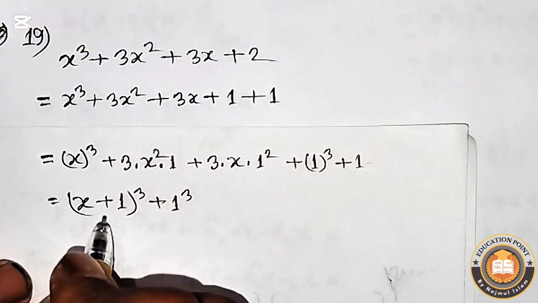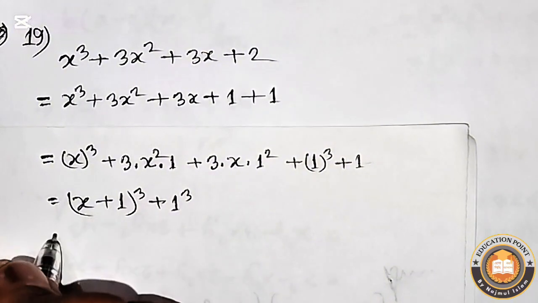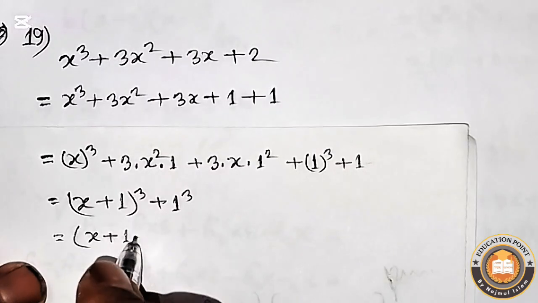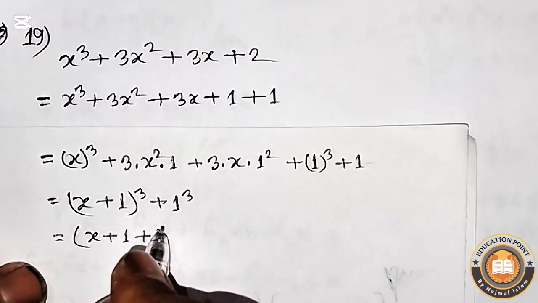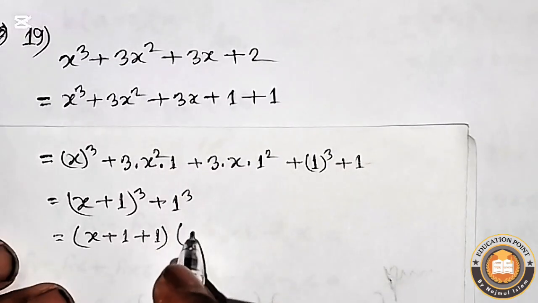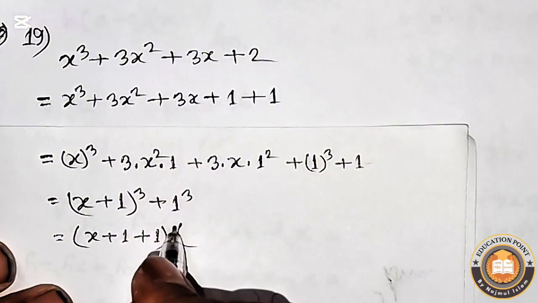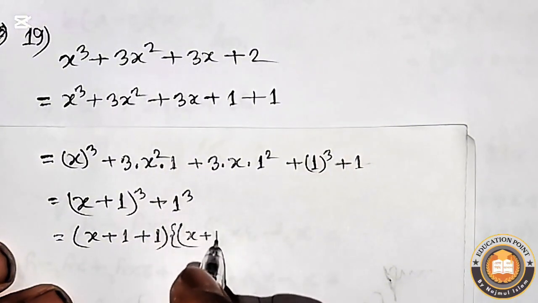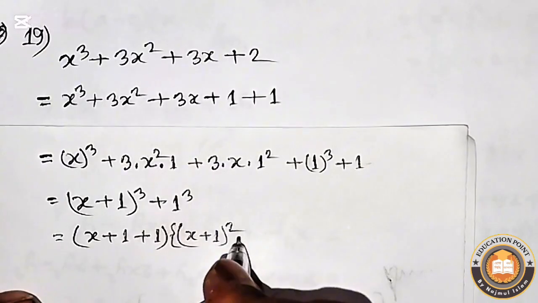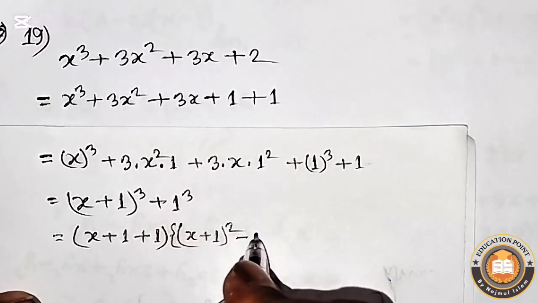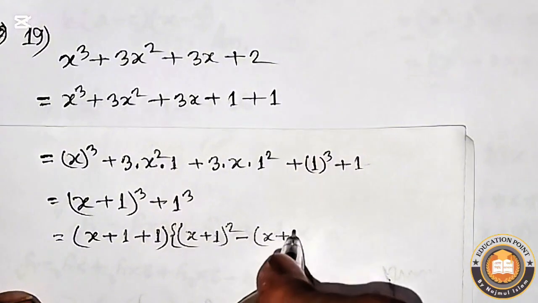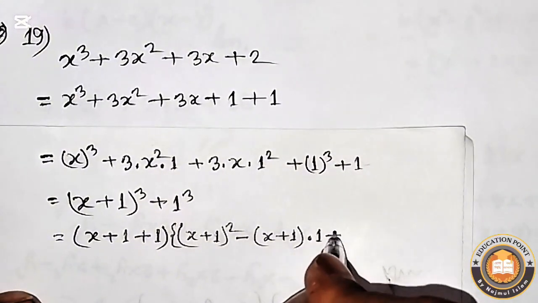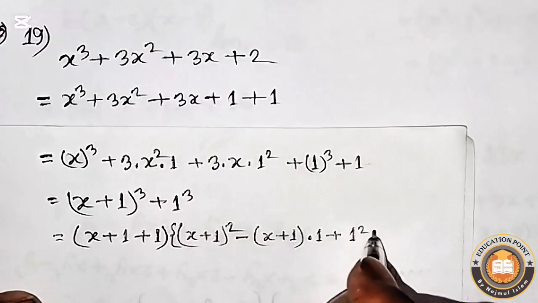Here we will apply the formula of a cube plus b cube. A means x plus 1, b means 1, into a square means x plus 1 whole square, minus a means x plus 1 into b means 1, plus b square means 1 square.